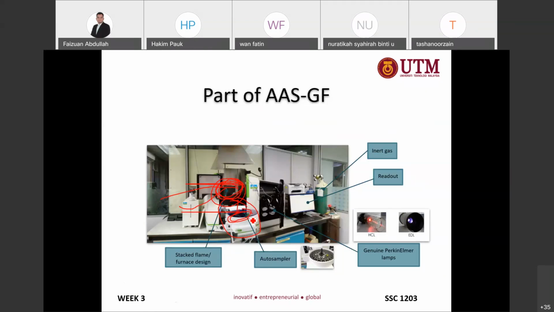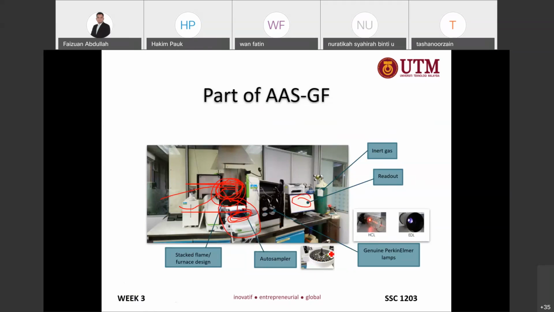For example, we can put 100 samples here, and the tube for the sample is about 10 mL for one sample. So we program it, and the auto sampler will select the right sample to be placed inside the graphite furnace and analyzed automatically.